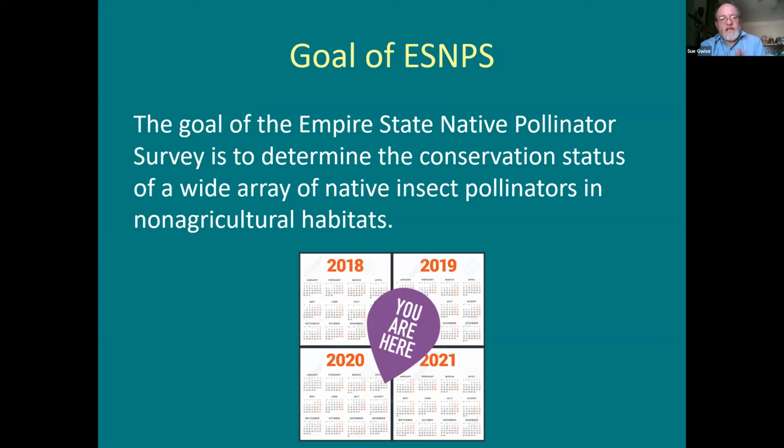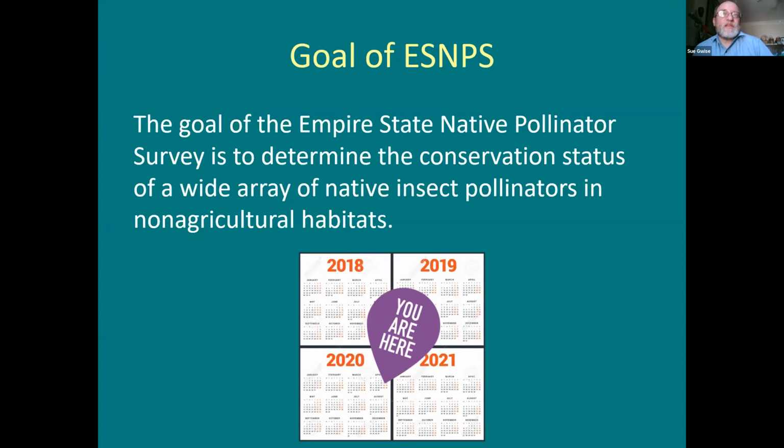And so we said, okay, first, we're going to determine the conservation status of a wide array of native insect pollinators in non-agricultural habitats. And the key words in there, I think, are native, right? So we're not talking about honeybees, for instance. We're not interested necessarily in their status and conservation. There's agricultural groups that can handle them.